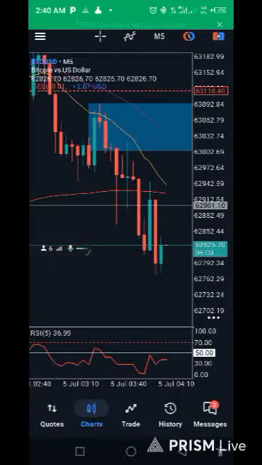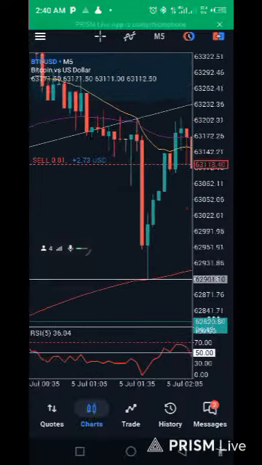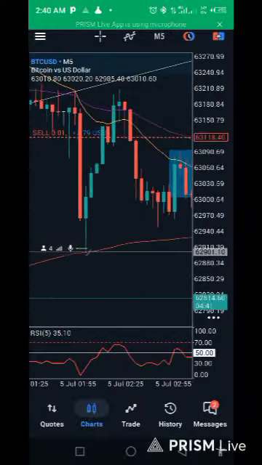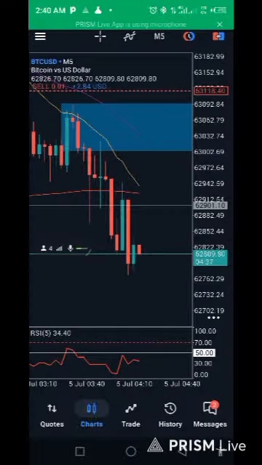The red line is the 200 moving average, the gold line is the 20 moving average, while the purple line is the 50 moving average. You can see they've crossed each other here, and they're about to cross the 200 moving average, which is a sign of a downtrend.